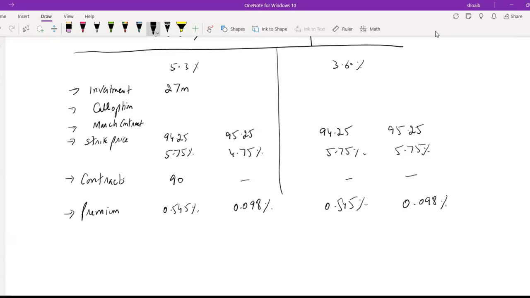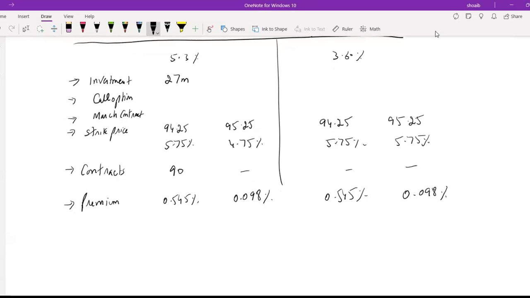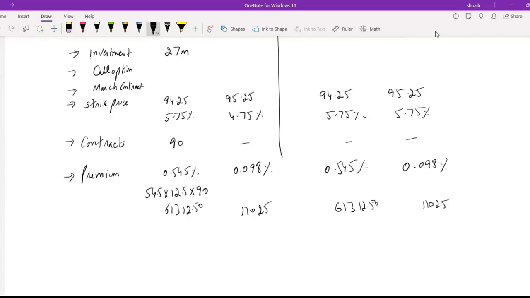If you want to convert it into absolute amount, this would be 54.5 ticks into 12.5 into 90. 90 is the number of contracts. $61,312. 9.8 into 12.5 into 90. Okay. Now decide to exercise or not.